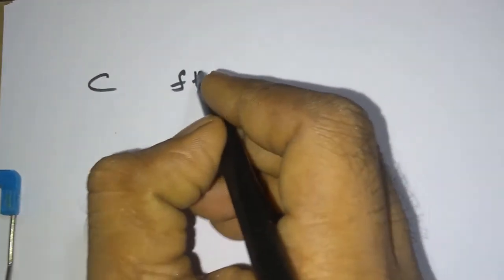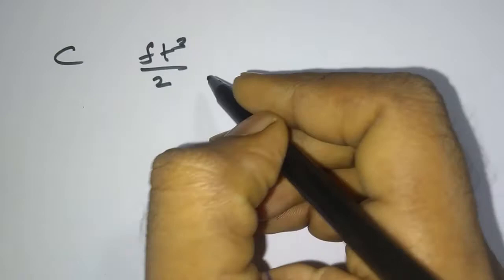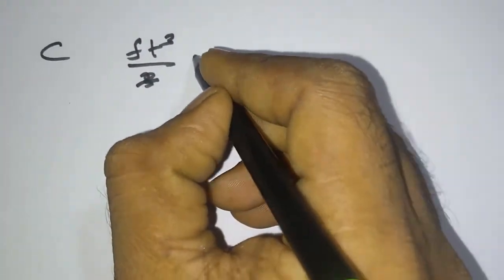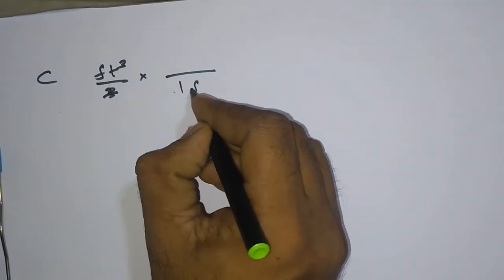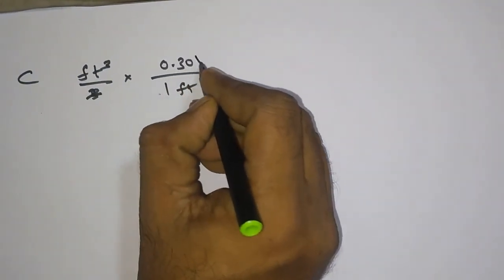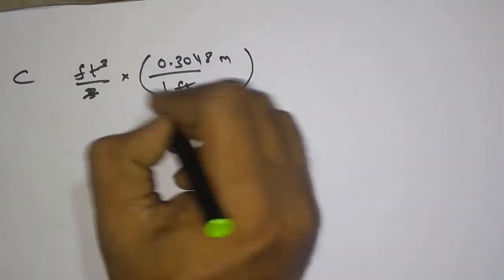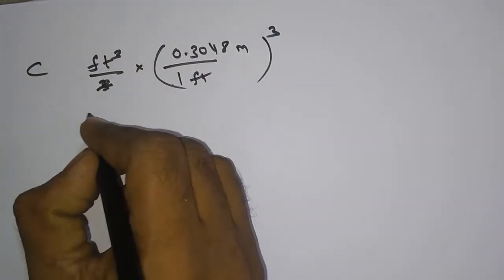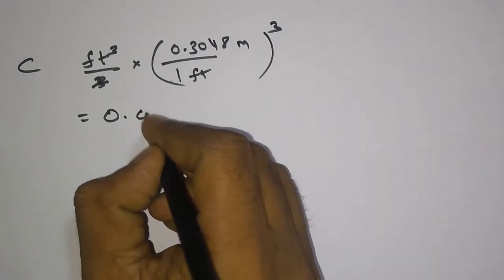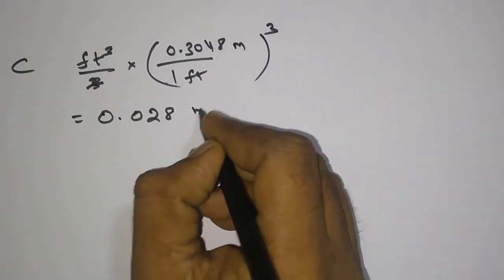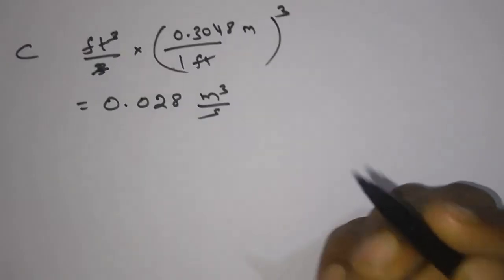So first let us take the left hand side, where C is given in feet cube per second. What is the conversion factor? 1 feet is equal to 0.3048 meters, so power 3 cube, so what we get is 0.028 meter cube per second.